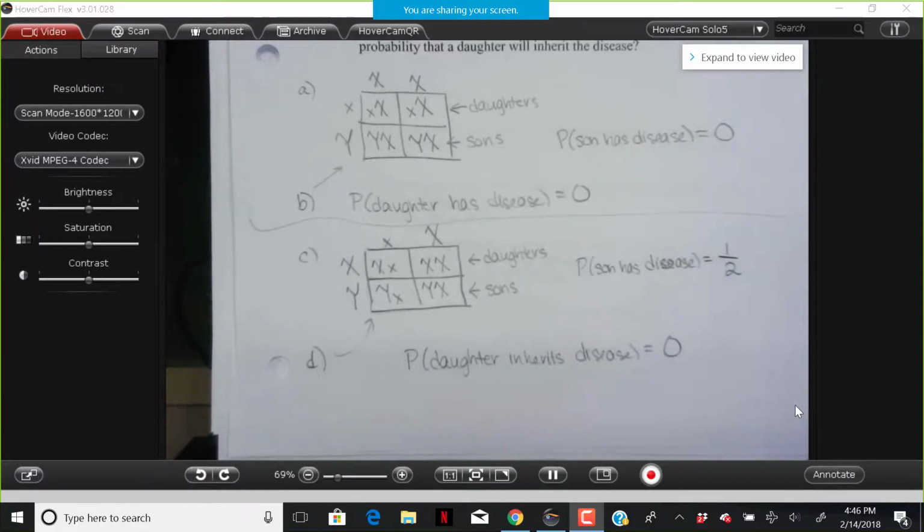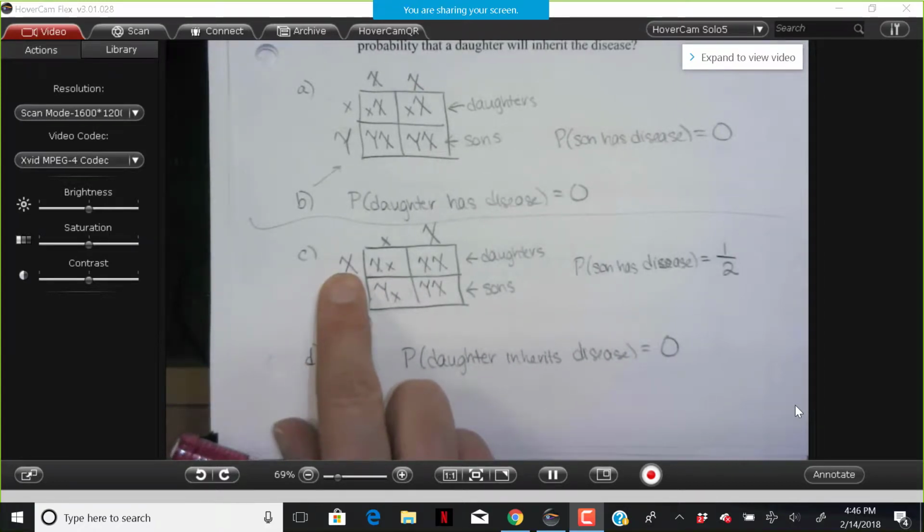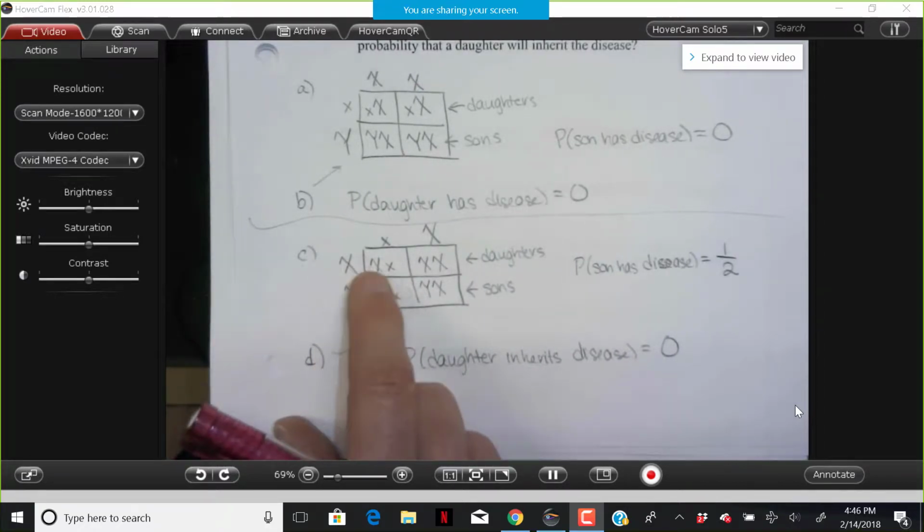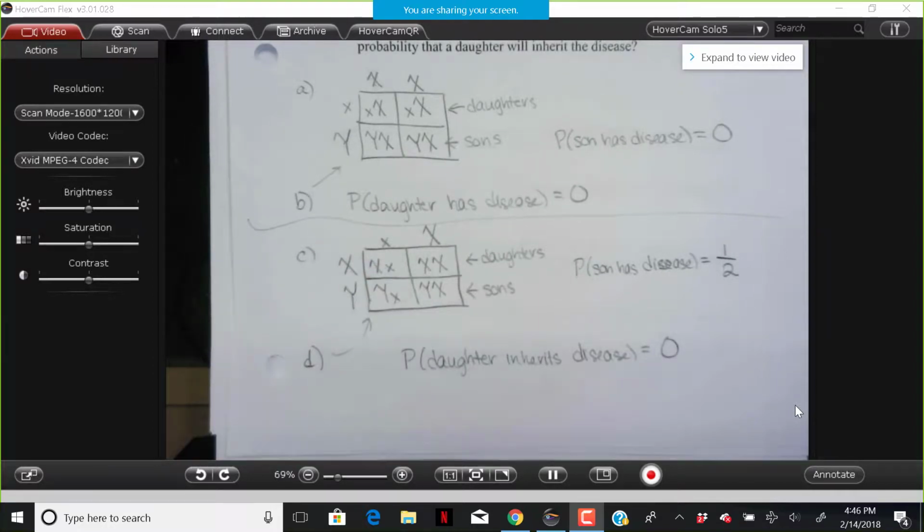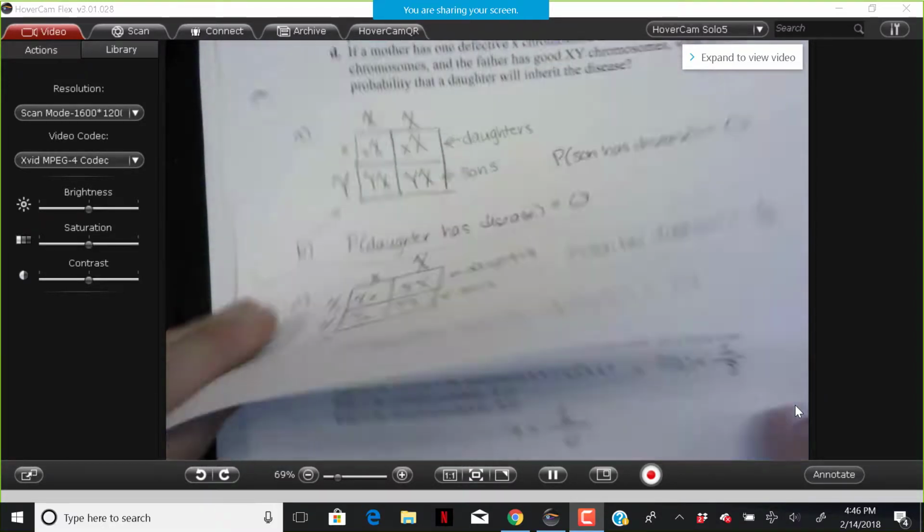The key is that since the daughter has 2 X's, the only way she could get it is if the father had the disease, and the mother would have to have at least one defective chromosome.